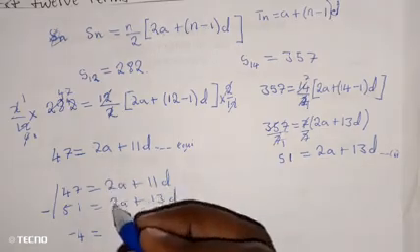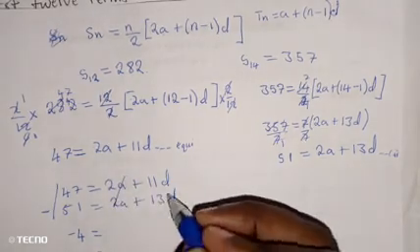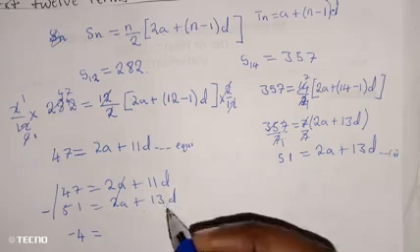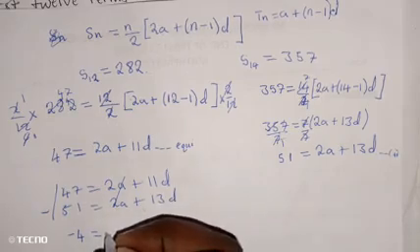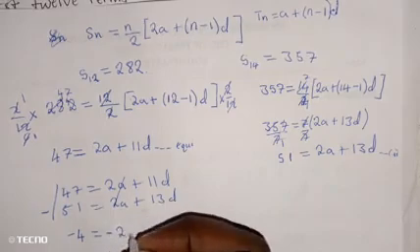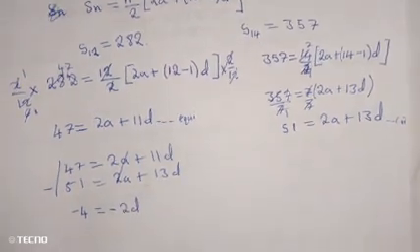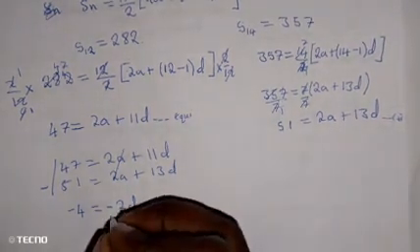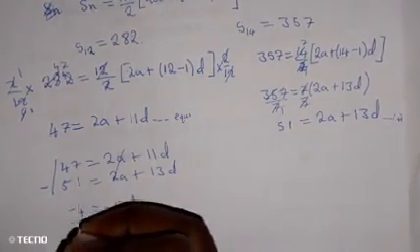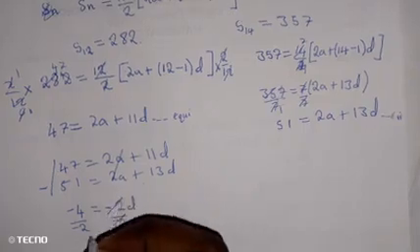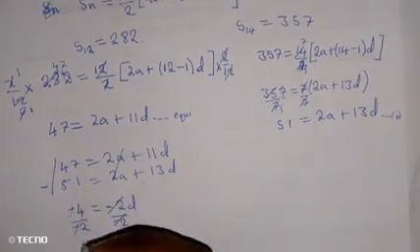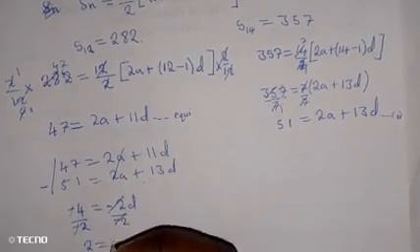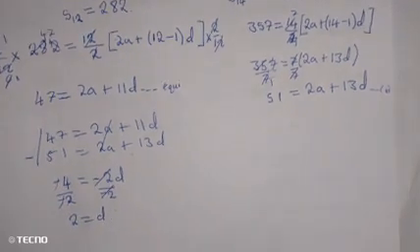Then a minus a gives 0, and 11d minus 13d gives negative 2d. Then you can divide by negative 2 on this side and this side, and the negatives go. Then our d is 2, so 2 is equal to d.